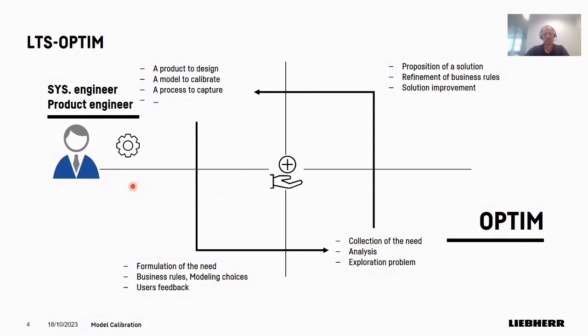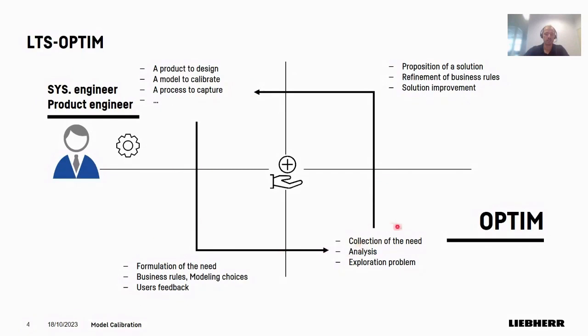So in general, the workflow is that the product team identifies a need, formulates the need, and communicates with the expert. The expert collects that need, makes a first analysis, and proposes a solution. The non-expert team will use that solution, give some first feedback, and maybe propose some improvements, and we have that iterative process here.